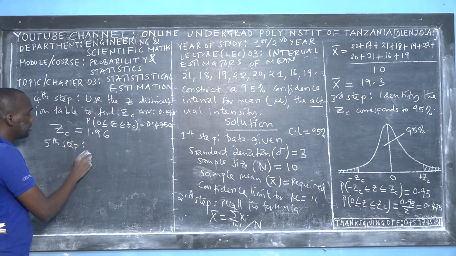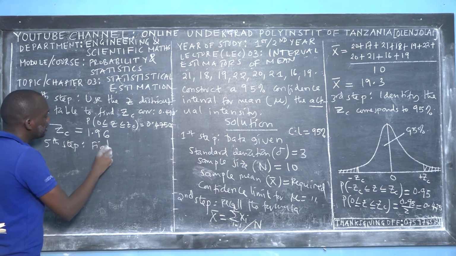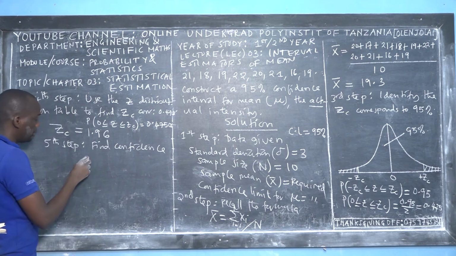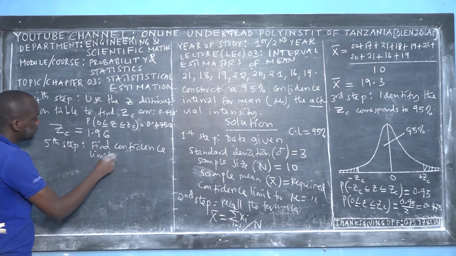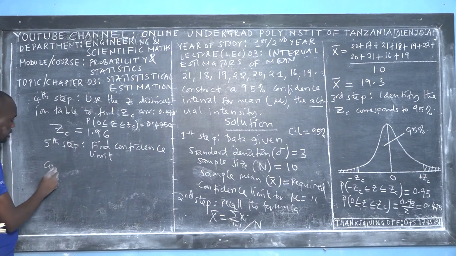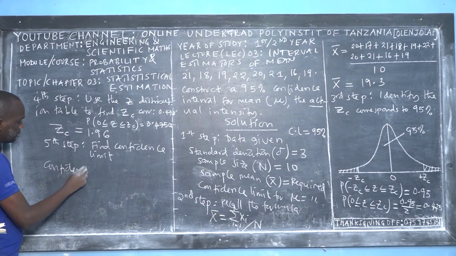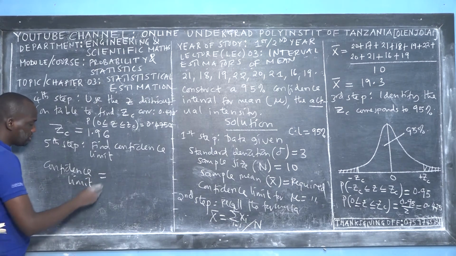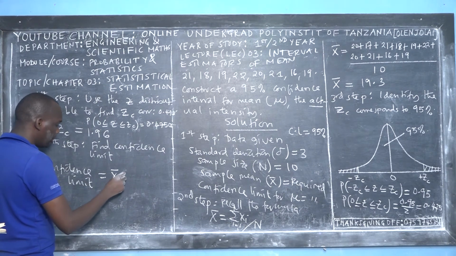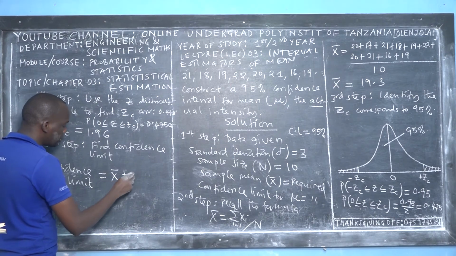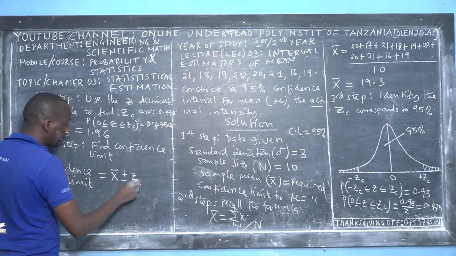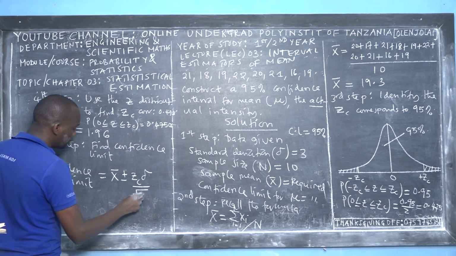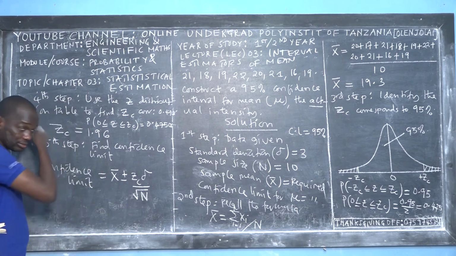If you have that one, then we can find the confidence limit. From the formula, the confidence limit is given as the sample mean plus or minus the Z value that we found, times the standard deviation, which is 3, over the square root of the sample size.